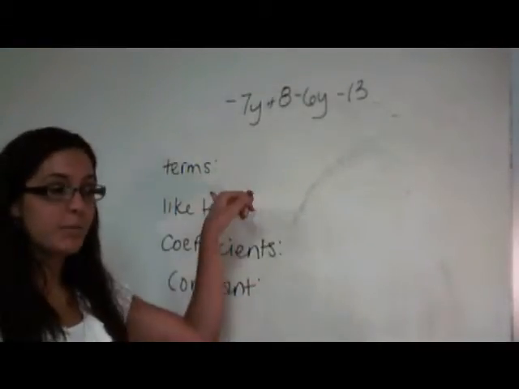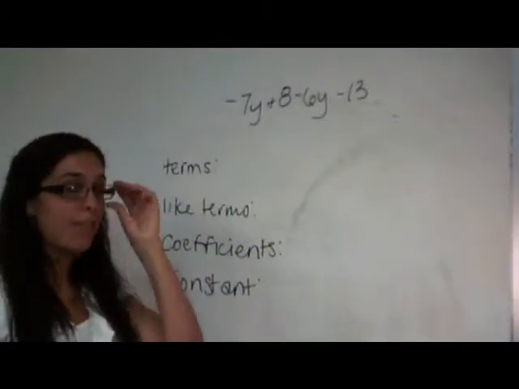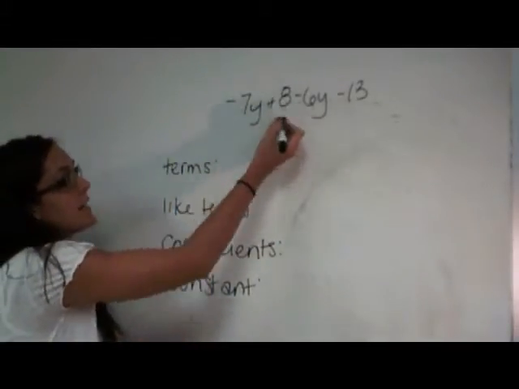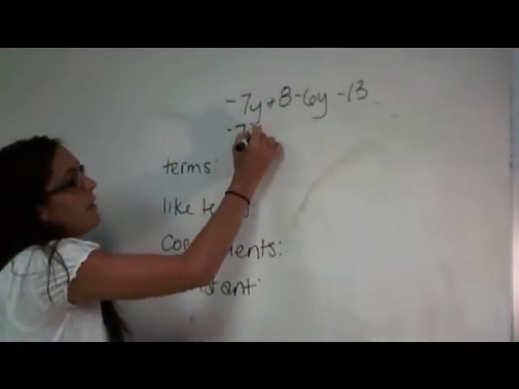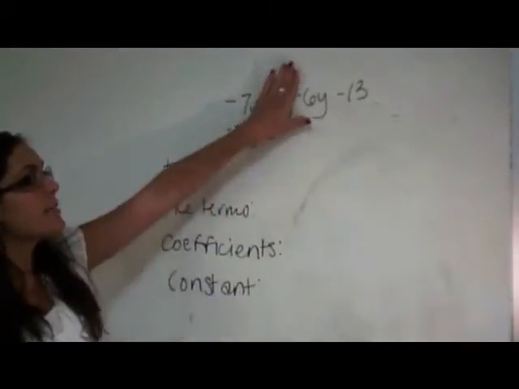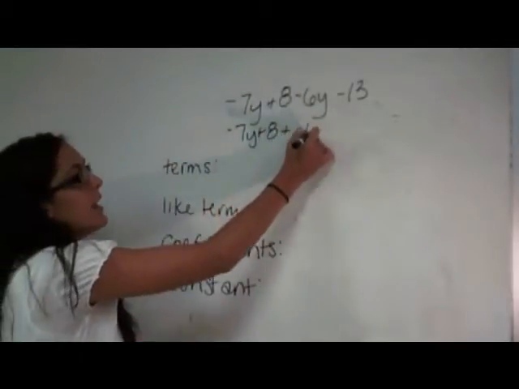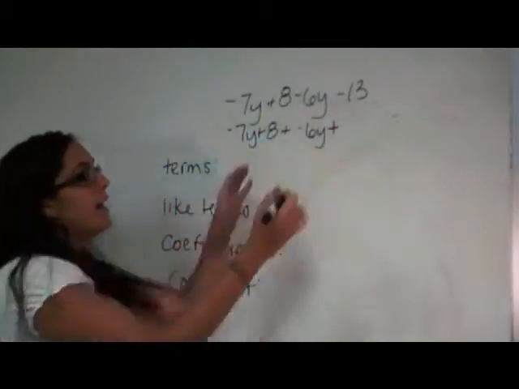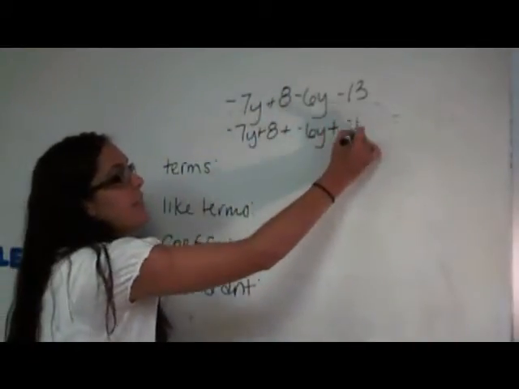For terms, again, everything that's being added together. So we have a -7y plus 8 minus 6y. So instead, we're going to add the opposite. The opposite of a 6y is going to be a -6y. Then subtracting 13, so we're going to add the opposite of 13, which is a -13.